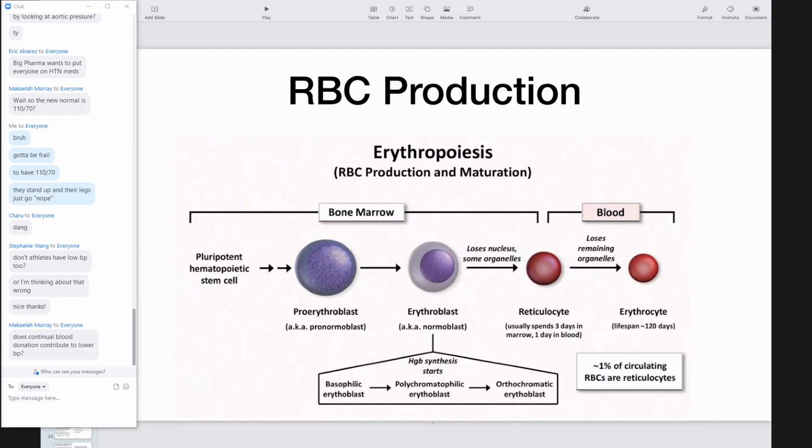What you need to know from this slide is that red blood cell production is called erythropoiesis, and that hemoglobin synthesis, the protein that carries oxygen in your red blood cells, starts in the bone marrow. By the time these cells leave the bone marrow and enter the blood, they already have their hemoglobin and are ready to function.